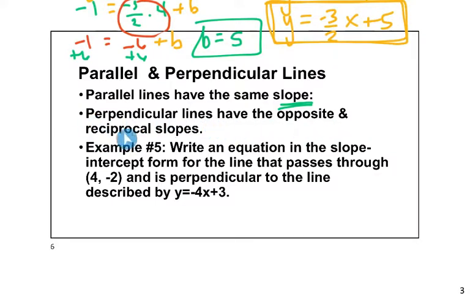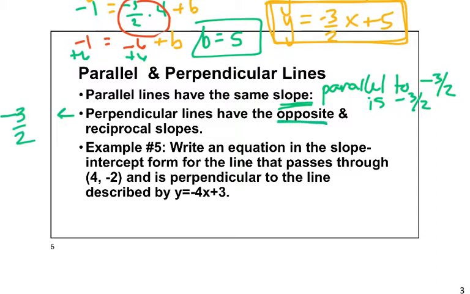Perpendicular lines have opposite and reciprocal slopes. Okay, so if we ever see, for instance, this slope here, so I'm just going to write the previous statement: parallel to -3/2 is -3/2, but perpendicular to -3/2 is going to be the opposite, which means in this case a plus, and then the reciprocal, which in this case means flip, and so the perpendicular slope is going to be positive 2/3.